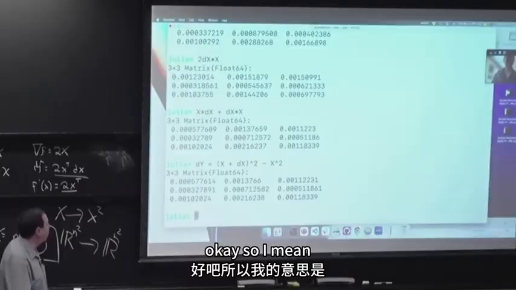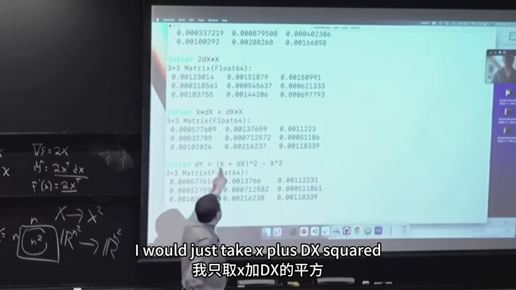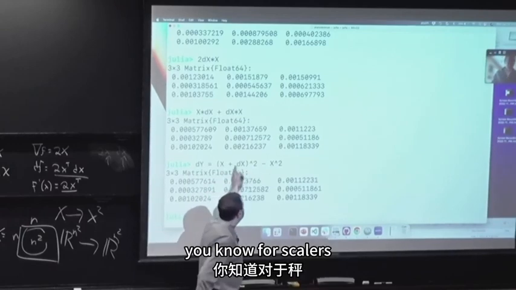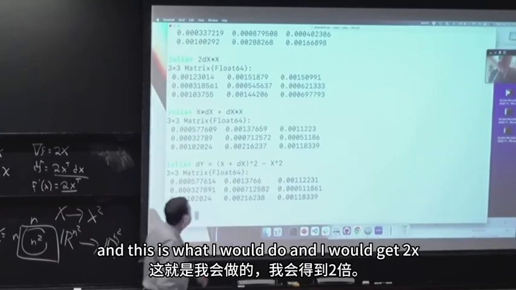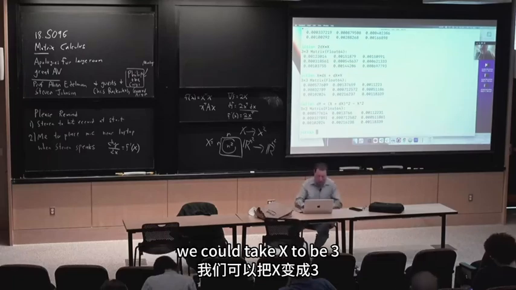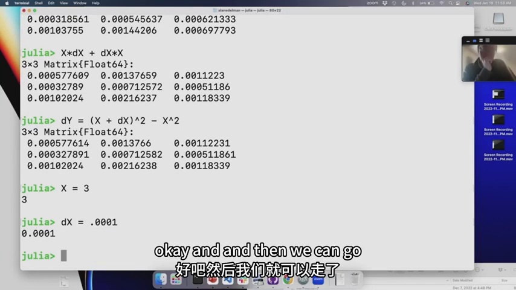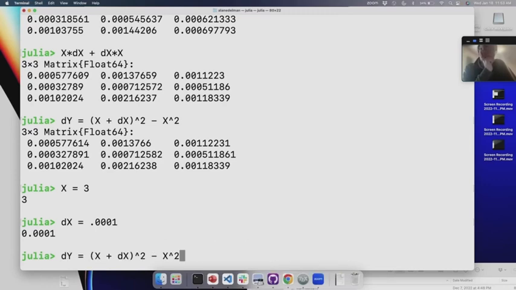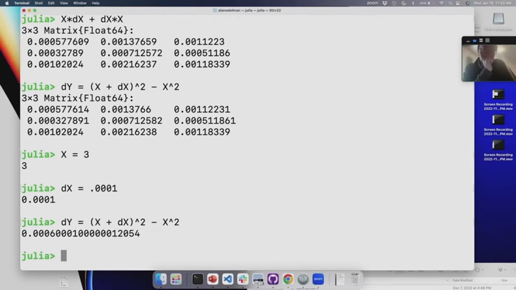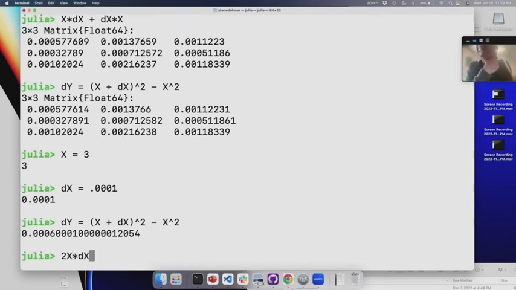Okay, so I mean, after all, if I were doing calculus on a computer for scalars, I would just take (x plus dx) squared, you know, for scalars, and I would get 2x. In fact, just to remind you that this really is the same thing, we could take x to be 3 and dx to be 0.001, and then I can compare that with what everybody knows to be from ordinary calculus, 2x times dx, right?